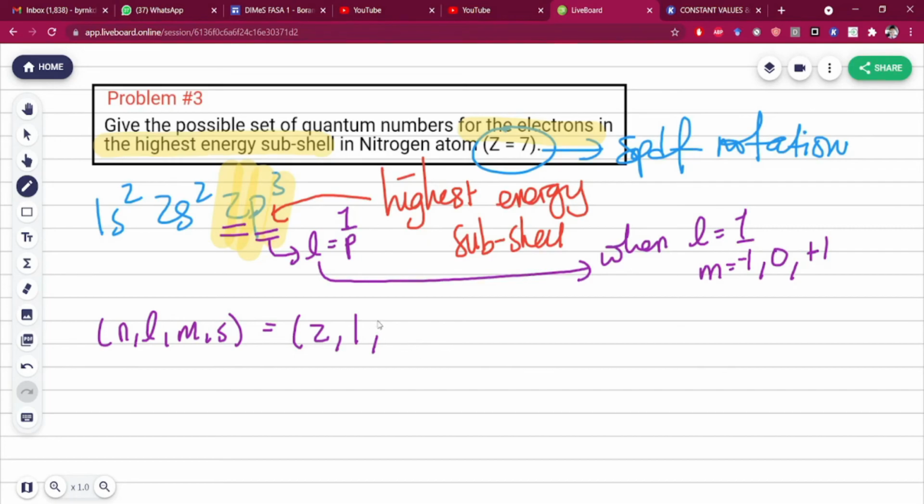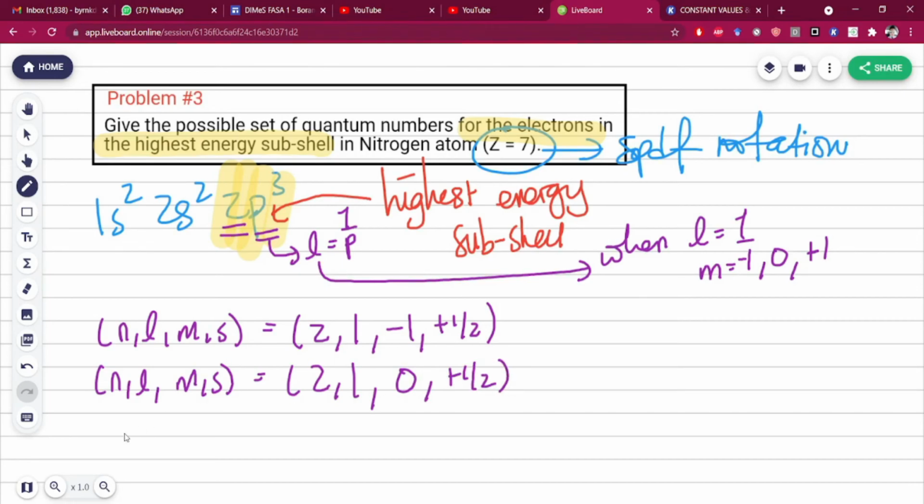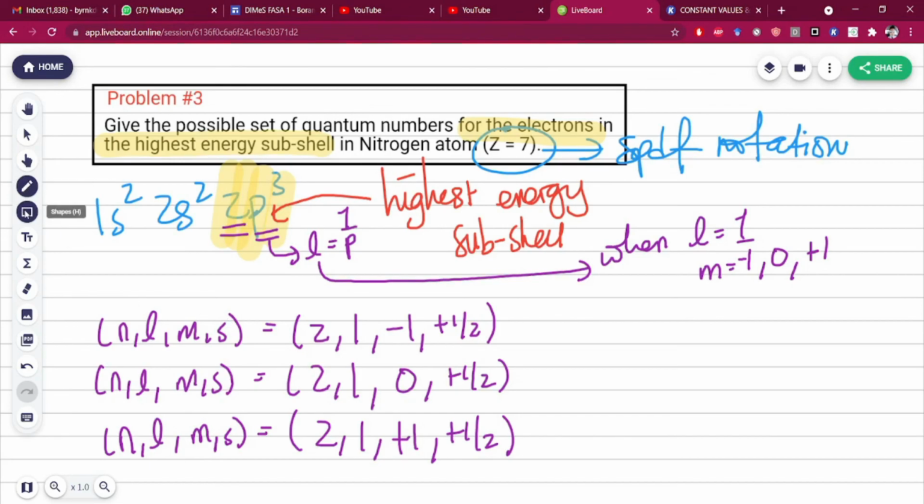I can pick any one of them, maybe I just want to pick -1. So again, -1, and I can have plus half. And then n, L, m, s: 2, 1, 0, plus half, and then 2, 1, positive 1, plus half. So these are the possible quantum numbers that we can have for this question.